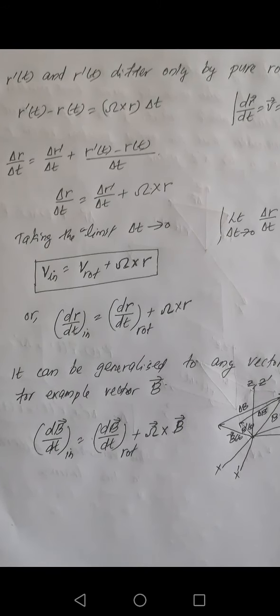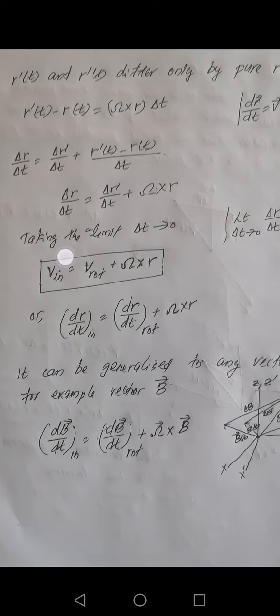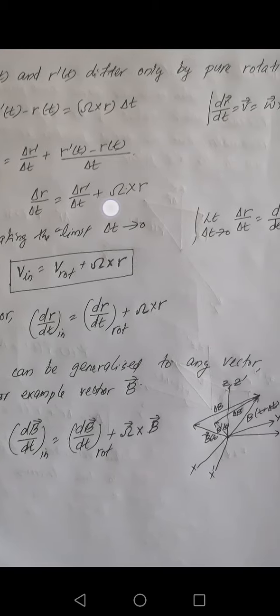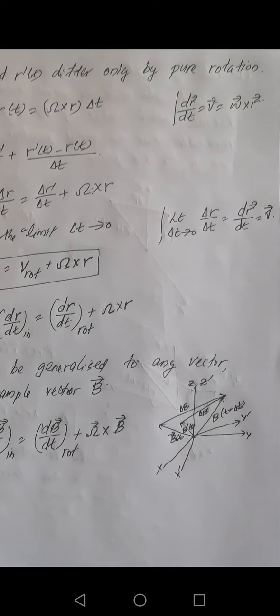So once again I repeat, r prime of t and r of t differ only due to pure rotation, and from our earlier understanding we know dr by dt is velocity, that is equal to omega cross r, where omega is the angular velocity that you have learned in the last semester. If you want to clear more, you refer to chapter 7 in the textbook.